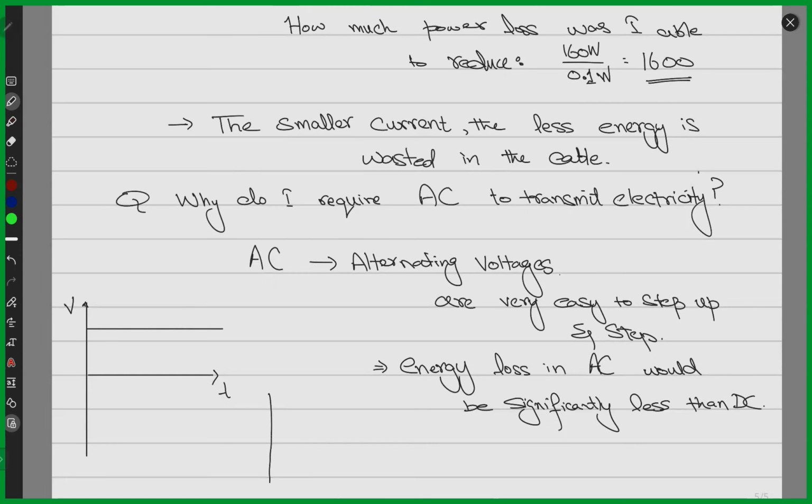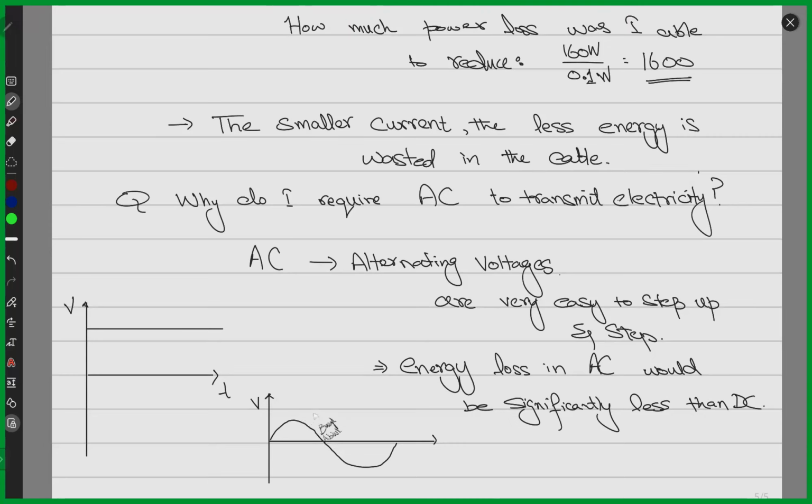But an alternating voltage would look something like this. Now, what's the difference between the two? In an alternating supply, the value of voltage starts from some value, in this case 0, increases, but then decreases.